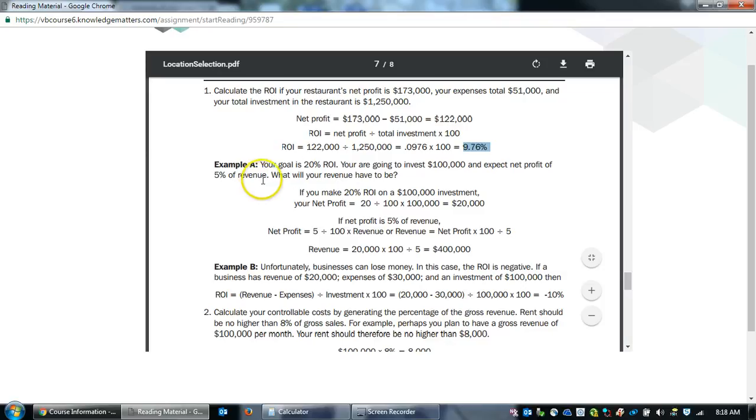Now let's look at the next problem. Example A. Your goal is 20% return on investment. You're going to invest 100,000 and expect net profit of 5% of revenue. What will your revenue have to be? If you make 20% return on investment on a $100,000 investment, your net profit equals 20 divided by 100 times 100,000. What they did right here is find 20% of 100,000.